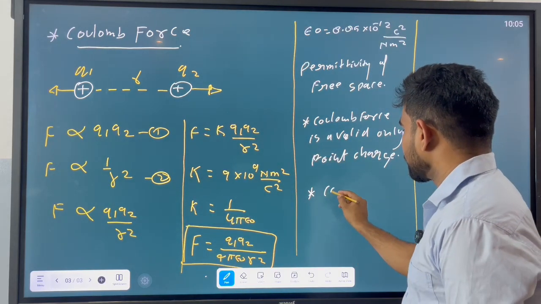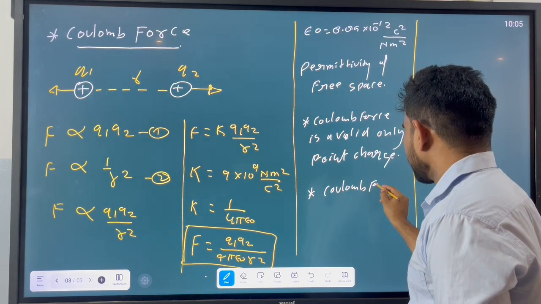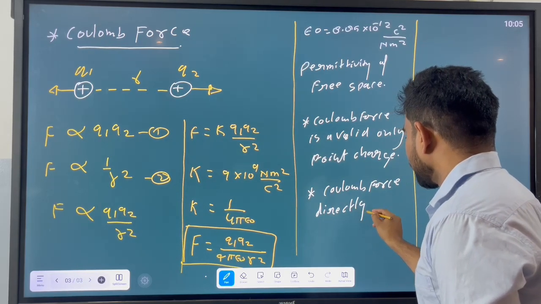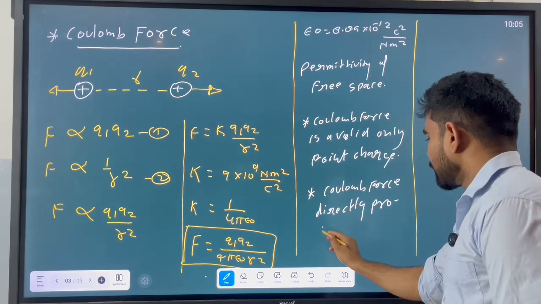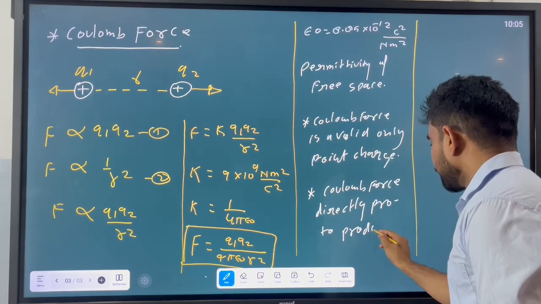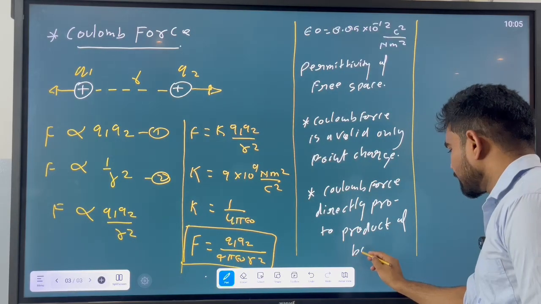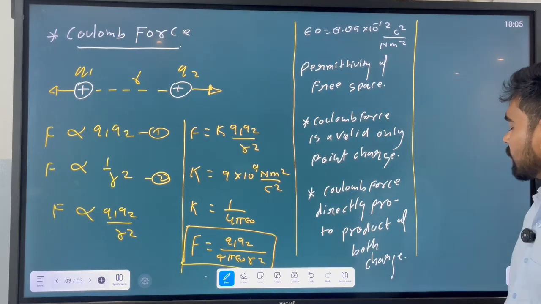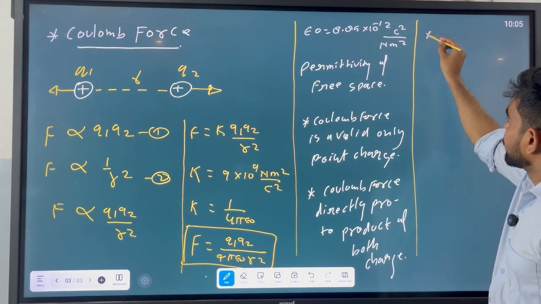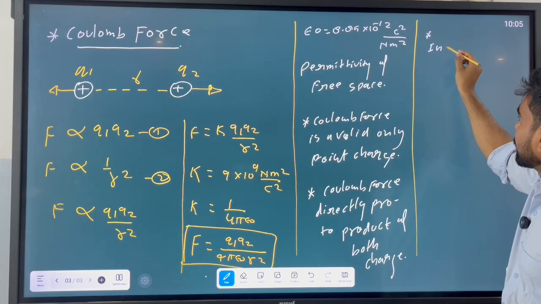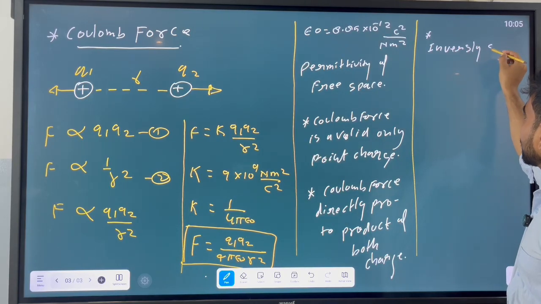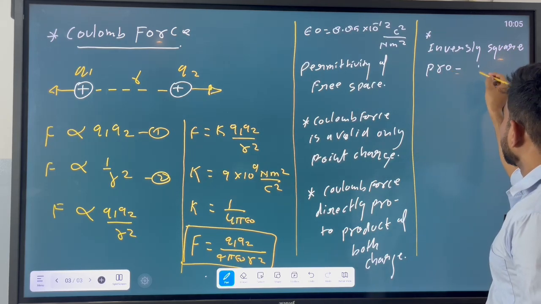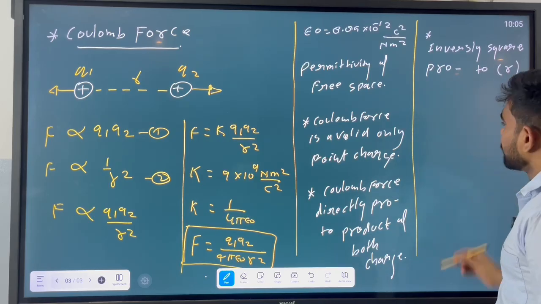And Coulomb force is directly proportional to the product of both charges, and inversely proportional to the square of the separation distance between both charges.